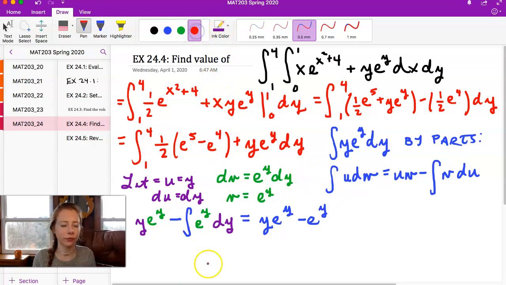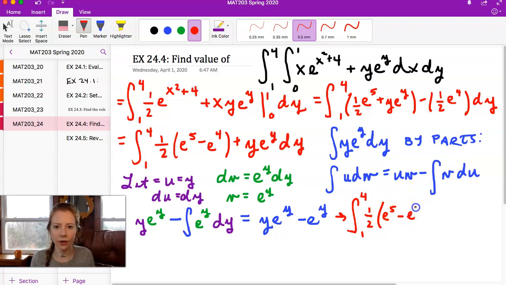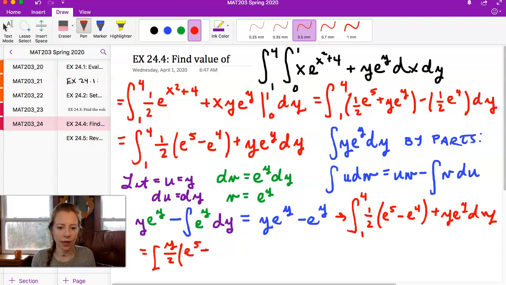So we end up with, plugging everything back in, the integral from 1 to 4 of 1/2 e to the 5 minus e to the 4th plus y e to the y dy is going to be y over 2 times e to the 5th minus e to the 4th plus, and then the piece that we figured out up here, y e to the y minus e to the y, which we could pull out an e to the y.